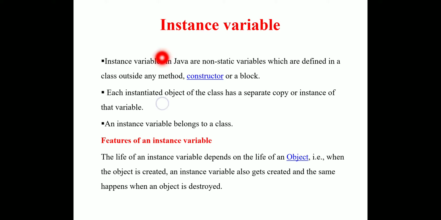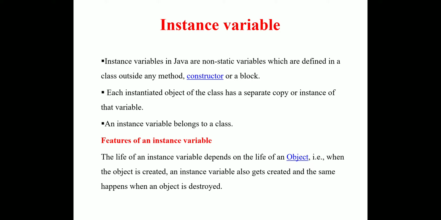Here, one space is allocated for an object in a heap. A slot for each instance variable's value is created. Each instantiated object of a class has a separate copy or an instance of that variable.